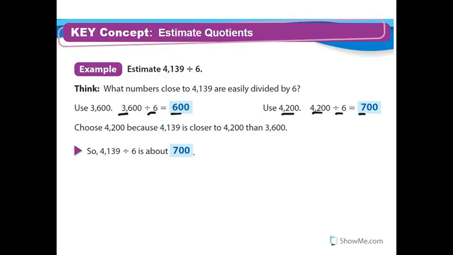Again, another math fact. Well, choose 42 or 4,200 because 4,139 is closer to 4,200 than 3,600, all right? So 4,139 divided by 6 is about 700. So we're trying to get close to the actual number.